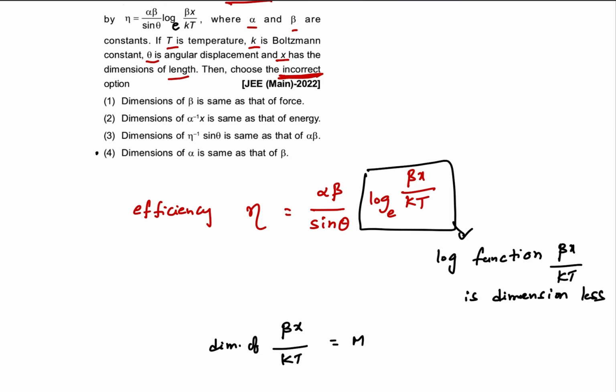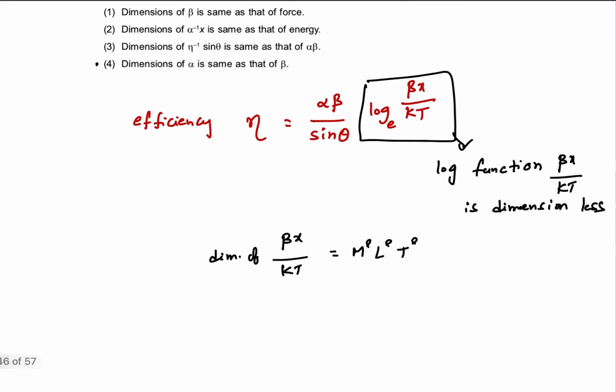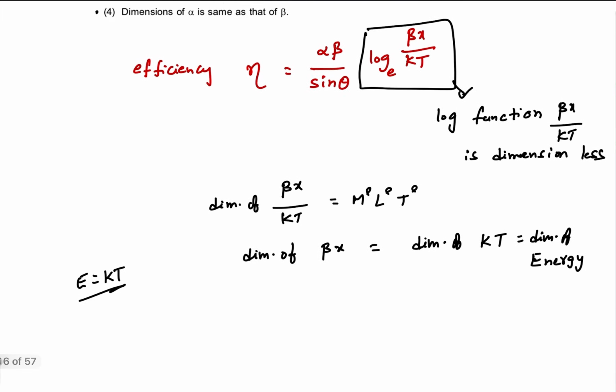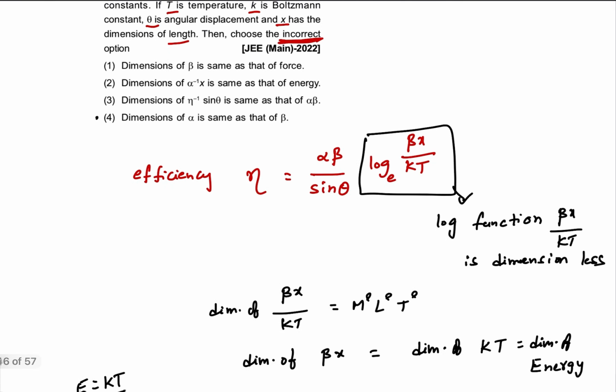So the dimension of beta x divided by kT is M^0 L^0 T^0. So the dimension of beta x is equal to the dimension of kT, that is the dimension of energy. I am writing energy because E is equal to kT.